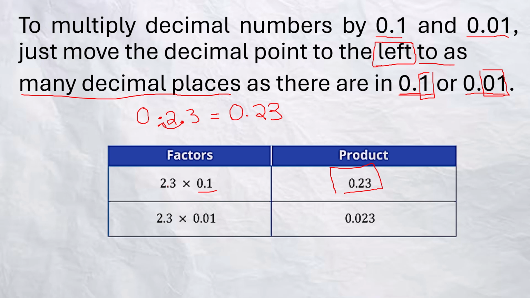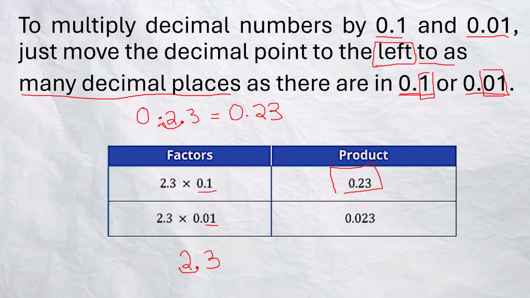The second one is 2.3 times 0.01. For 0.01, there are two decimal places. So we now move the decimal point two times to the left. So this is 2.3. We move it two times to the left from our decimal point.